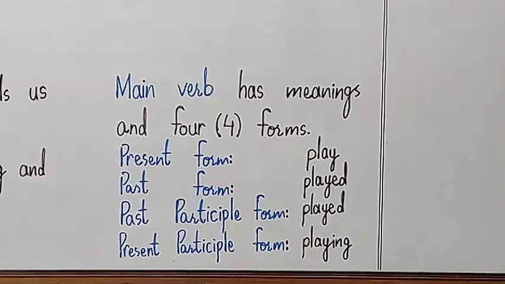Third form or past participle form is played, and fourth form or present participle form is playing. So you know now, every main verb has meanings and 4 forms: present form, past form, past participle form, and present participle form.